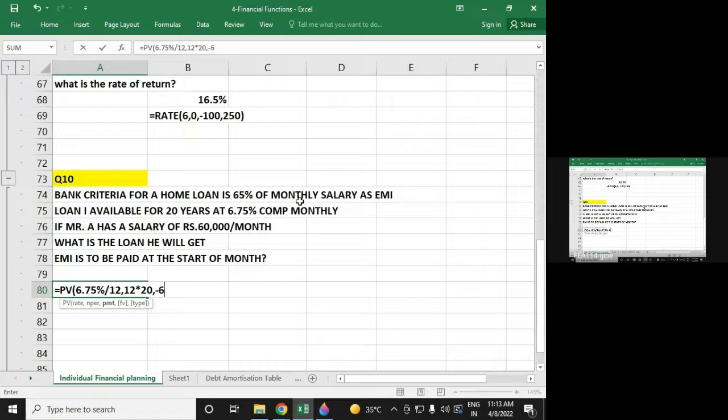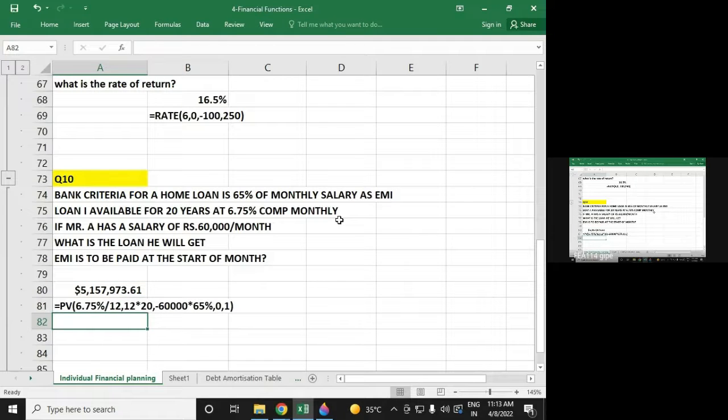So I will put minus 60,000 because EMI is going to be paid. And how much of it will he pay? He will pay 65%. At the end the loan will be 0 and your type is 1. Okay, so 51 lakhs is the loan amount which he can get. Everybody check.